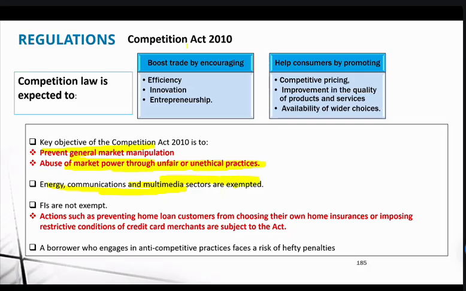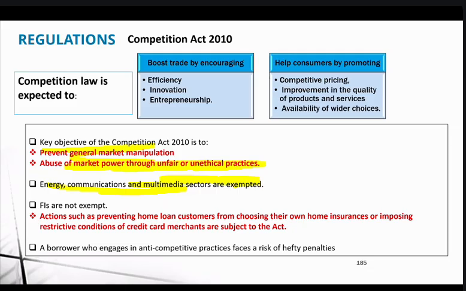My question for all of you is this: is RHB exempted from the Competition Act?